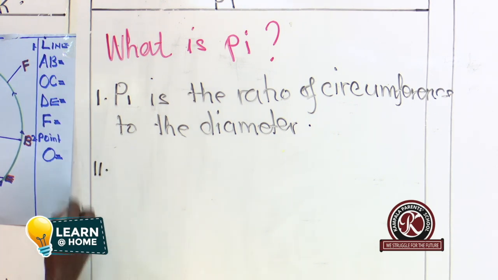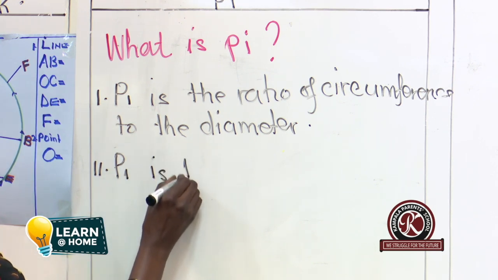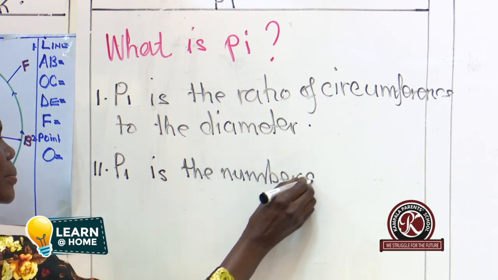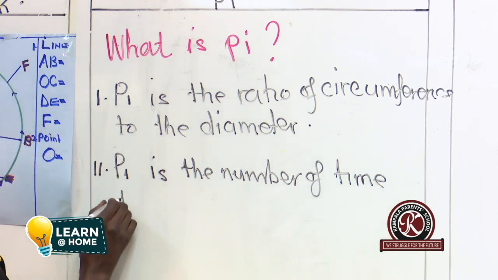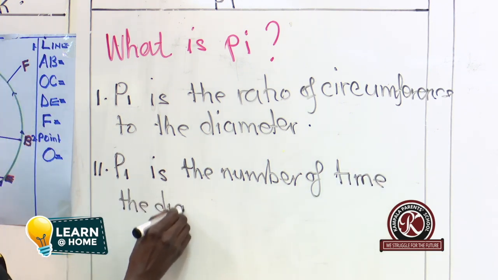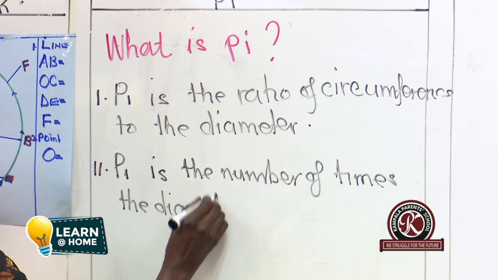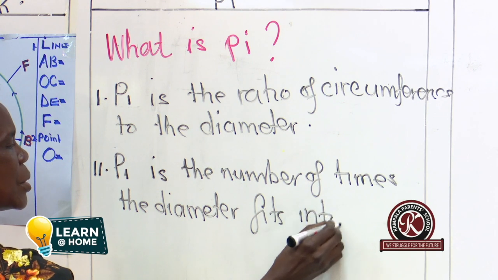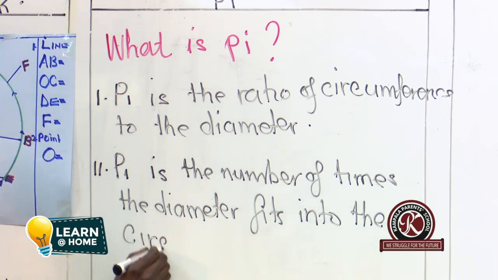Then the second one, pi is the number of times the diameter fits into the circumference.